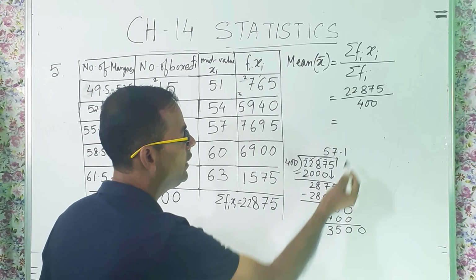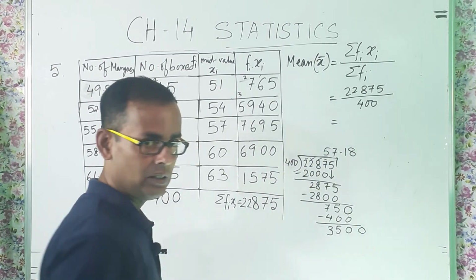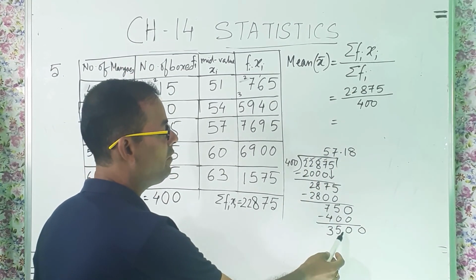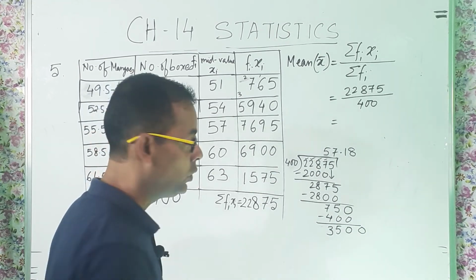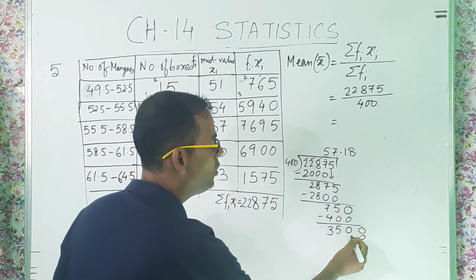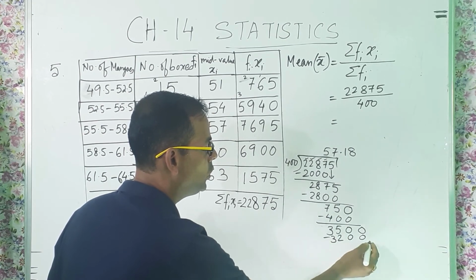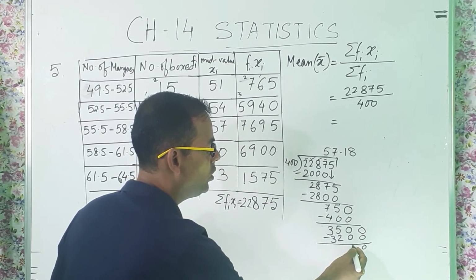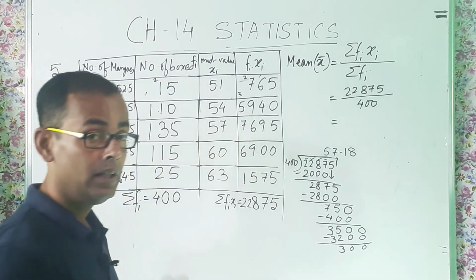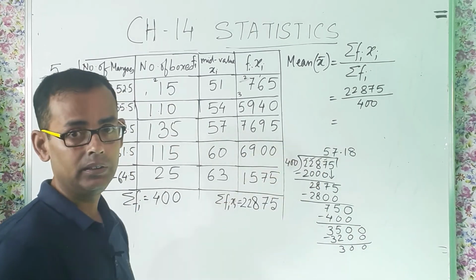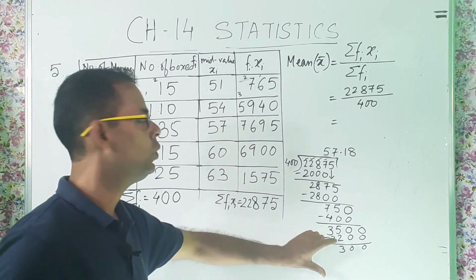You can see here it will go with 8. Clear or no? Why? Because here 35, 8 fours are 32. So, now 0, 0 and this one is 32. 0, 0 and here 3. Clear?